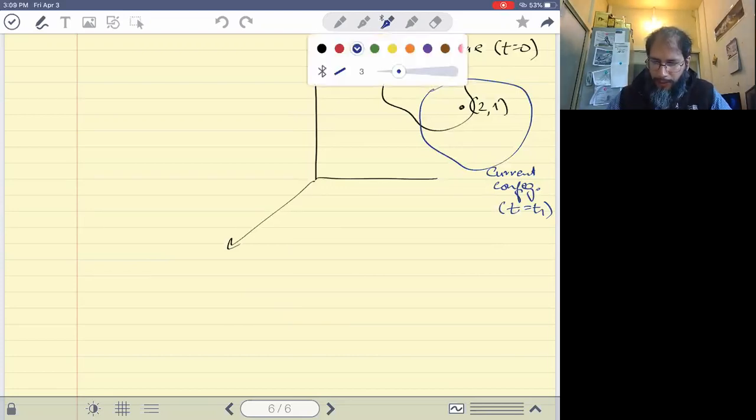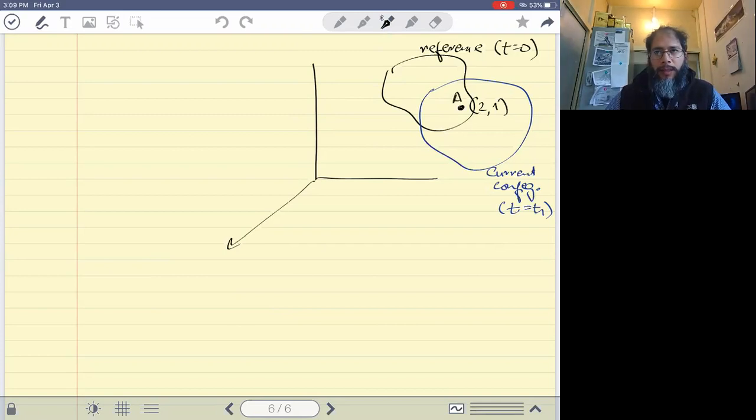Now this point 2, 1, which was a point, let's say, A in the reference configuration, in the current configuration has moved to point small a, whose coordinates, hypothetically, are 2.5, 0.5.